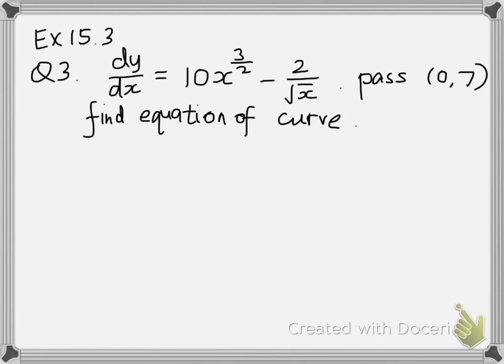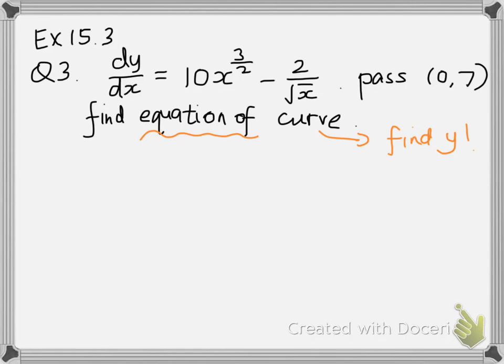Now, what is the meaning of finding the equation of the curve? What are you supposed to find? Find y. Remember, the curve is always y equals x cubed or x squared plus and so on.